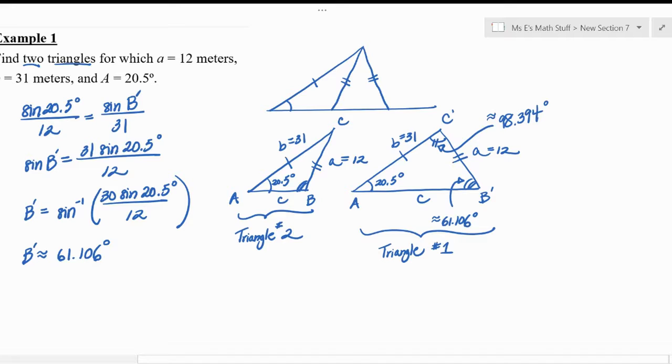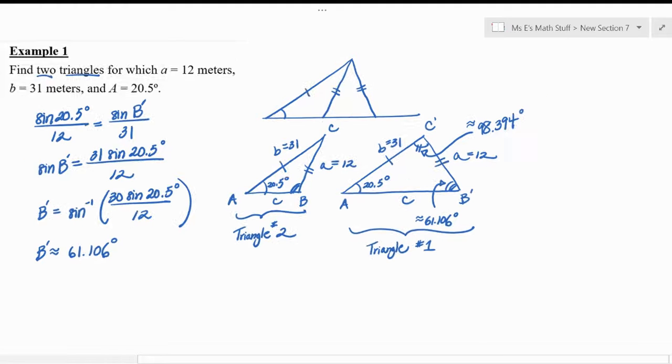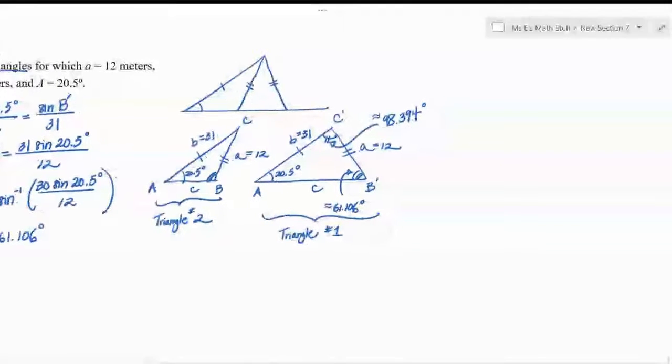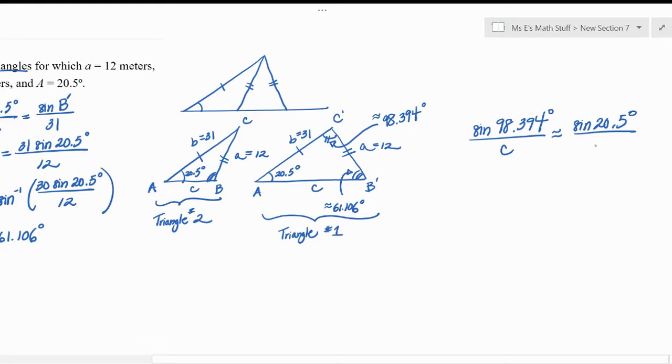There we go. Okay, and what's left for this little acute triangle here? It would be side length C. And so let's just use some law of sines. So let's do sine of 98.394, which I still have sitting on my calculator with all the extra decimal goodness. And then that would be, since I'm using something rounded, approximately equal to. And I'm going to always go back to the complete ratio that they had before I had any chance to mess anything up.